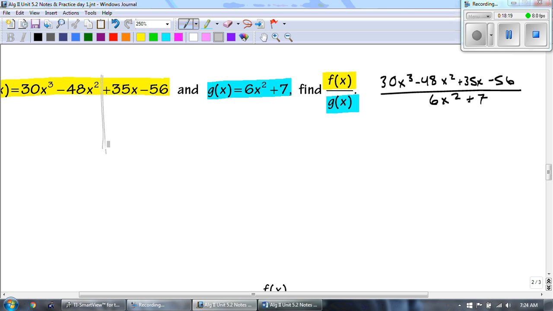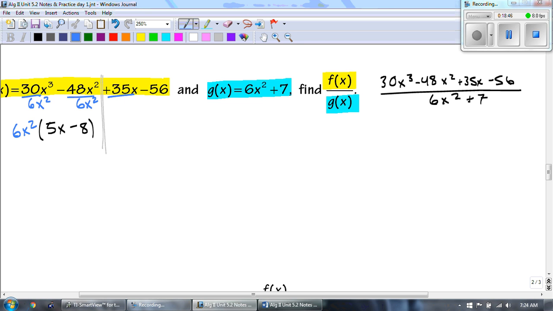So I'm going to come over here and factor this f of x. 30x cubed and negative 48x squared, the first thing I notice is that I can take out an x squared, and that they're both also divisible by 6. So I can factor out a 6. 30 divided by 6, we're going to get 5, and it'll be 5x. Negative 48 divided by 6 is negative 8.